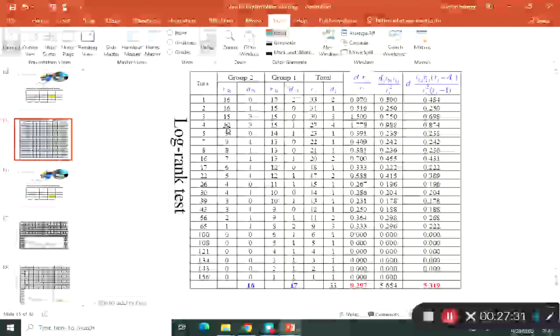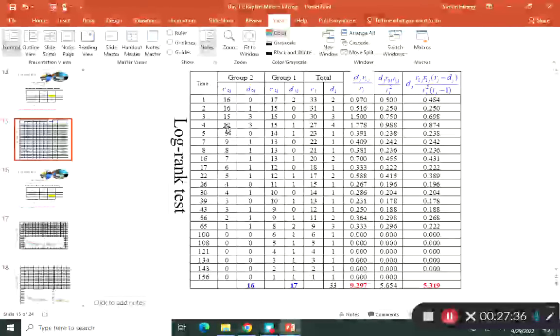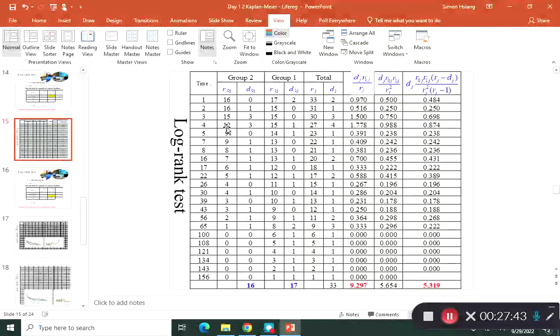Okay, that's 13? You can use the data in slide 13 or create a new data set.